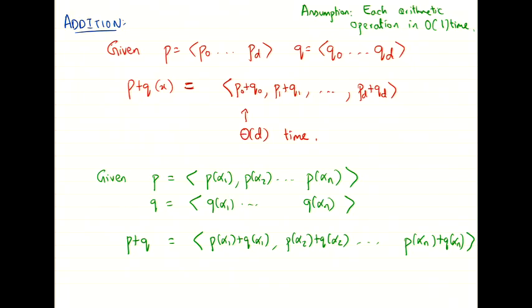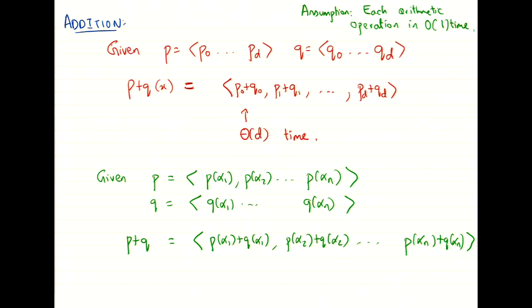Any other questions? This is almost a bit tautological, and a lot of people immediately get it, and some people just miss the notation, so I want to repeat this. Instead of telling you the coefficients of the polynomial, I'm telling you the values of the polynomial: P of 1, P of 2, P of n, and Q of 1, Q of 2, Q of n.